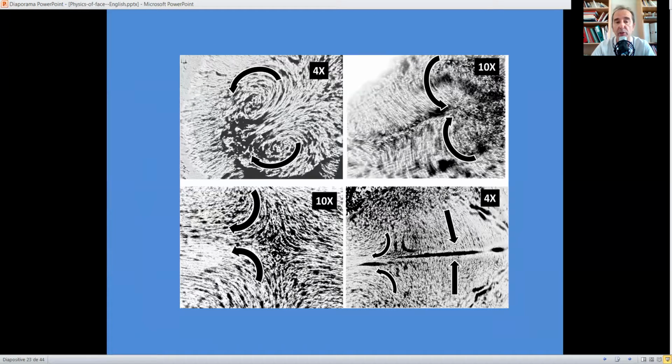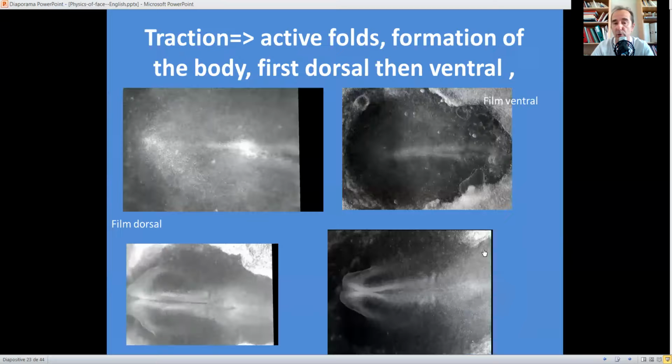So you rotate towards the anus, you invaginate part of the stuff, then you pull and it starts to fold. So we are dealing with traction forces which generate active folds, and that form the body.